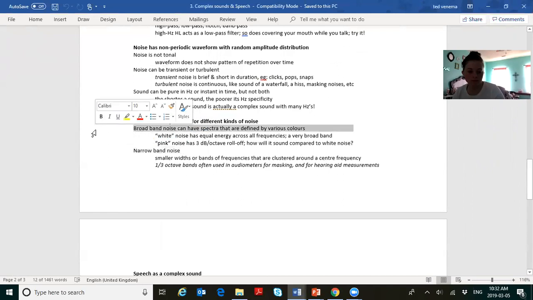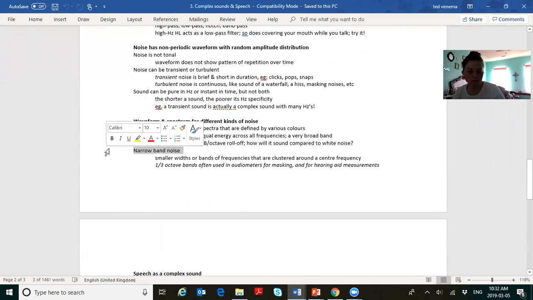Those are all broadband. Narrowband noise just means that the width of the noise is very narrow. So the width is here, or maybe the width is here, or maybe it's at this frequency, or maybe it's at this frequency. Narrow bands of noise versus wide bands of noise. All right. Share screen and get done.